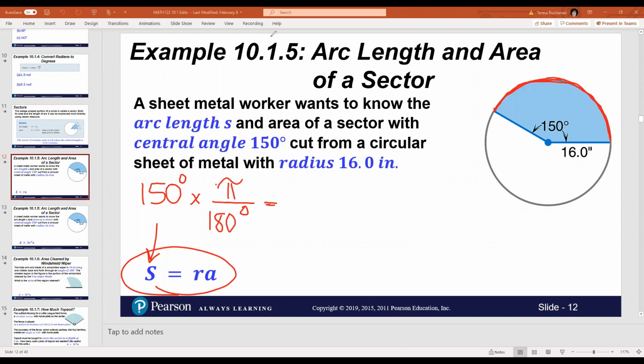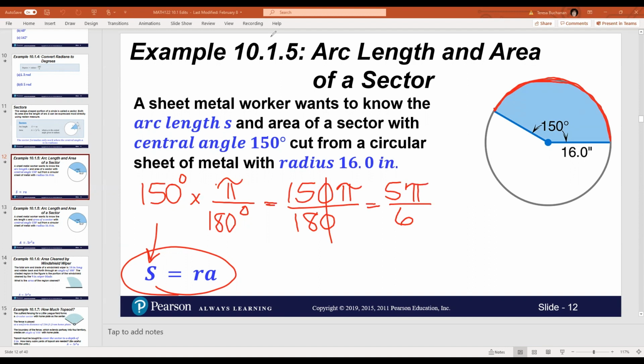And at whatever stage, you can start to work out these cancellations, simplifying this fraction. In other words, this is certainly going to reduce by 3. We can divide the top and bottom here by 3. So I have 5 pi over 6.